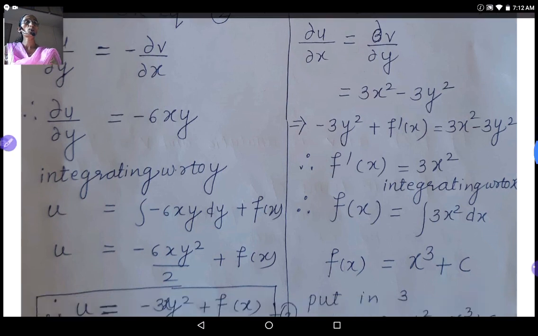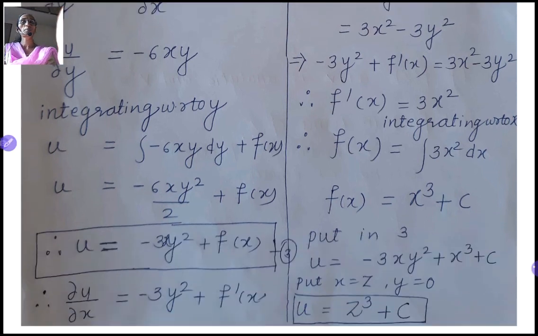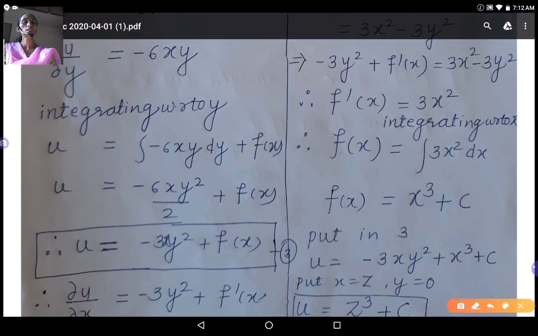Now see, there are two values of del u by del x that you got. The first is minus 3y square plus f dash of x, and the second value is 3x square minus 3y square. This means both are the same, so they are equated. From this you get 3y square and 3y square cancelled. Then what you get? f dash of x is equal to 3x square.